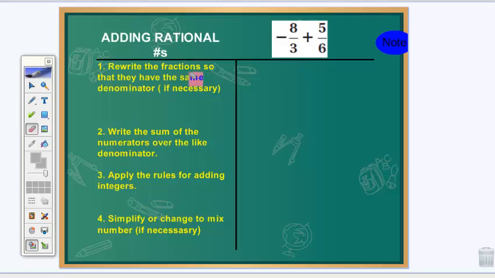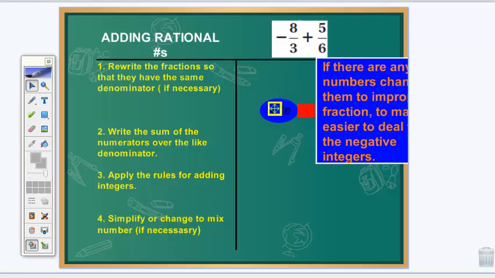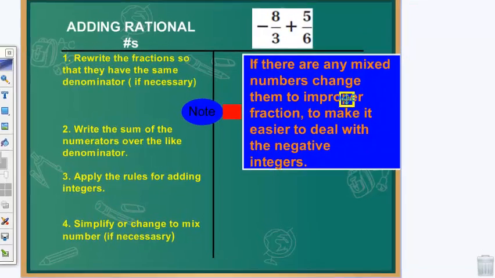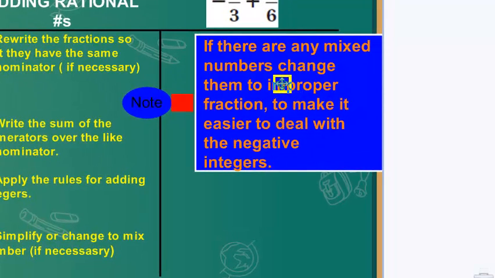To add rational numbers, if you notice in this example right here, there is a negative in the front. Now there's no mixed numbers here, but if we had a mixed number, the first step would have been to change them to improper fractions. Why do we want to change them to improper fractions?